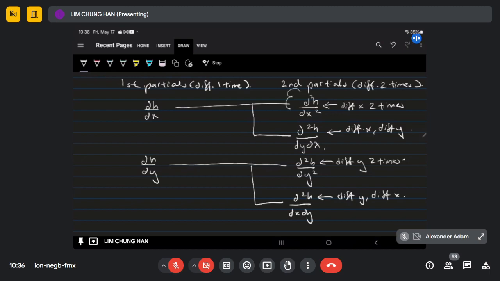What that means is I want you to look for all these second partials. But to find these, you have to find the first partials as well, though they won't count towards the marks.